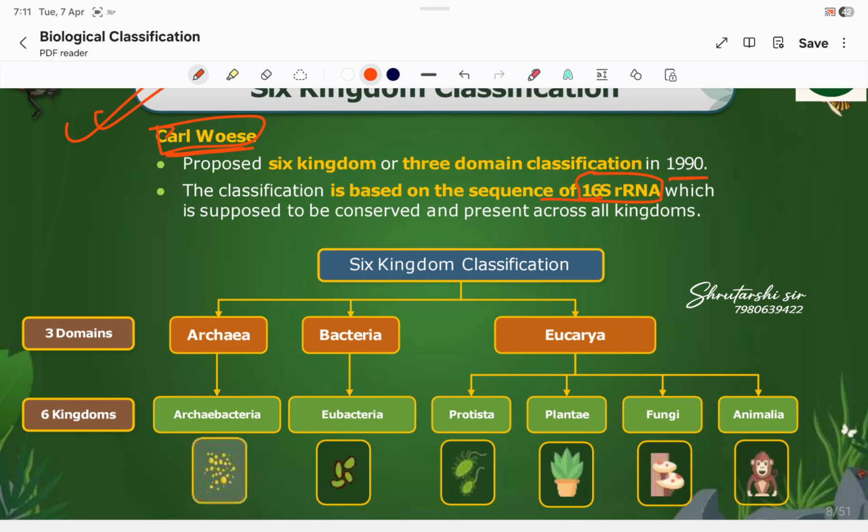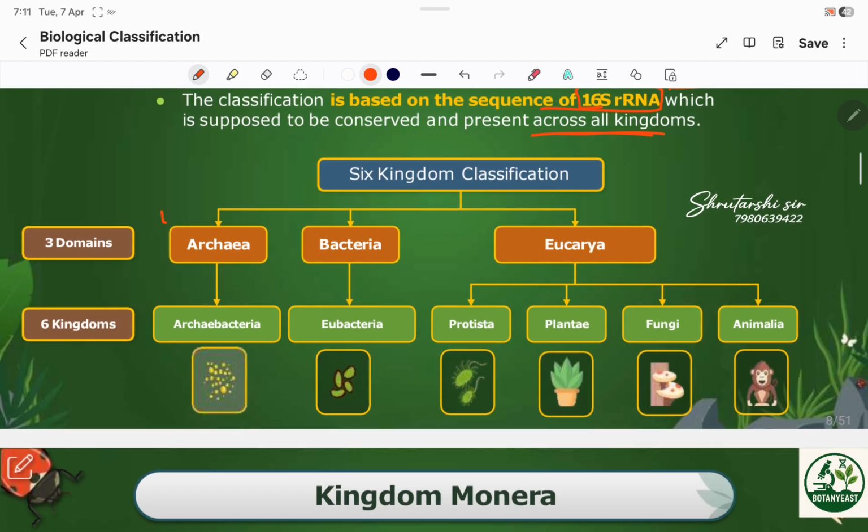Okay, as 16S rRNA is a conserved sequence across all kingdoms. So the three domains were archaea, bacteria and eukarya. So the six kingdoms were archaebacteria, eubacteria, protista, plantae, fungi and animalia.